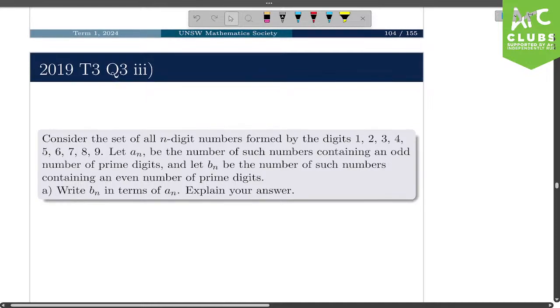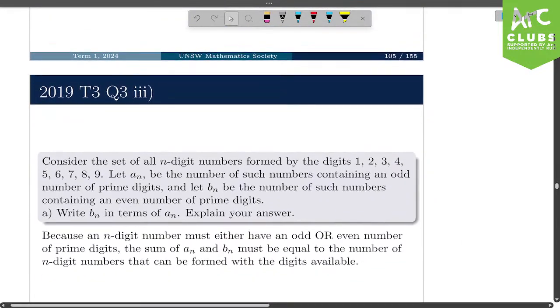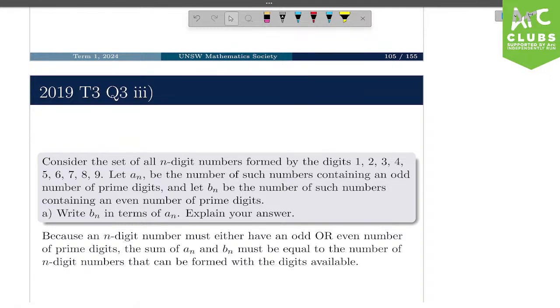Something you note before is that each number either has an odd number of prime digits or an even number of prime digits. It's either or. You can't have both, you can't have none. So our sum an plus bn must be the total number of n-digit numbers formed by the digits 1, 2, 3, 4, 5, 6, 7, 8, and 9.